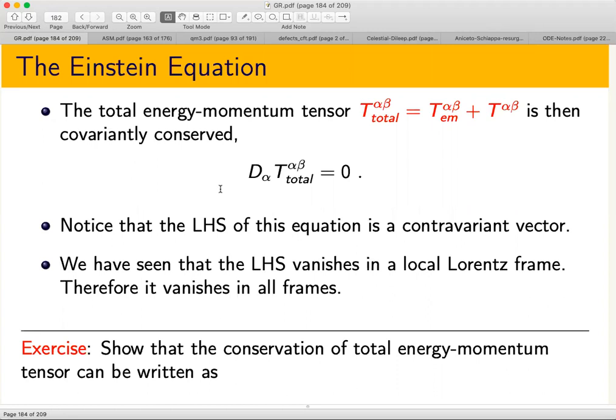You have an equation satisfied by the gauge field, some derivatives acting on the gauge field equal to some source, and Newton's equation is also of a similar kind: the Laplacian of the gravitational potential is proportional to the mass density.